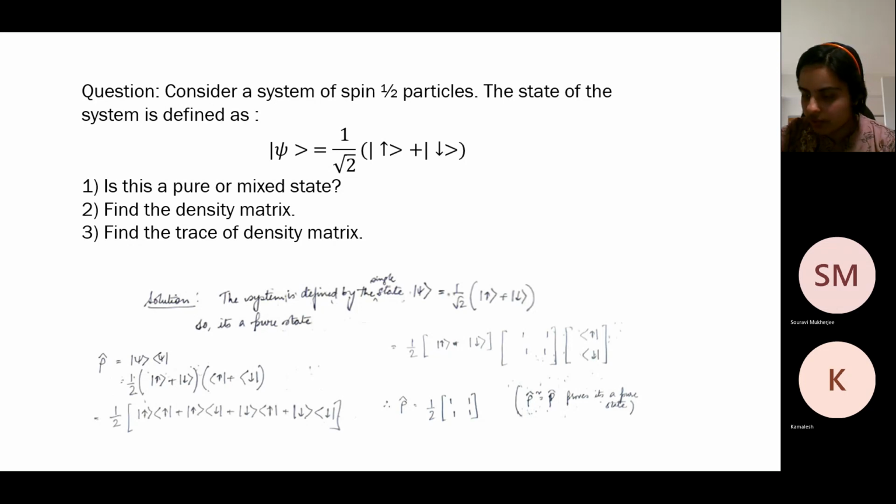So you have a half outside, right? So you are diagonalizing the matrix, and one diagonal element will be 2 by 2, so it should be 1. What is the other diagonal element?